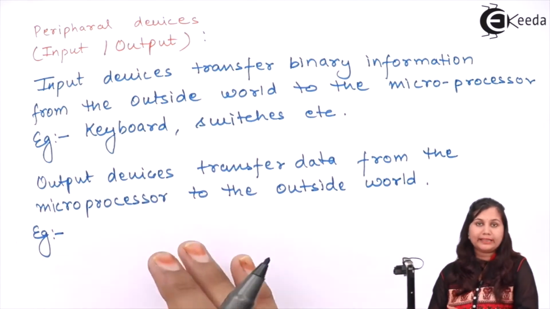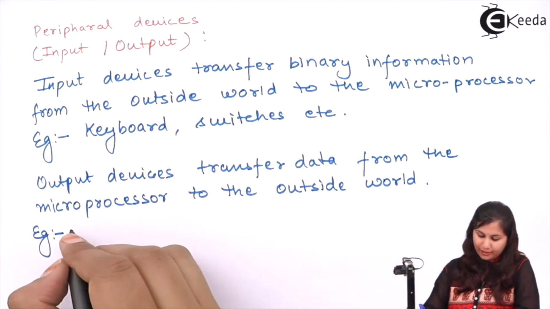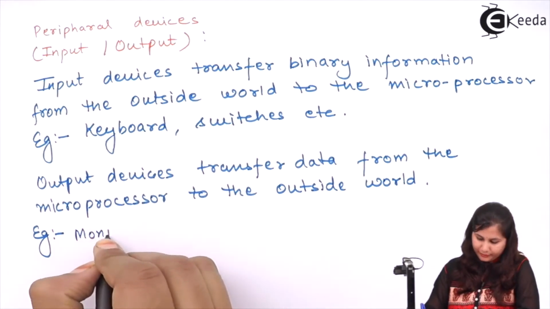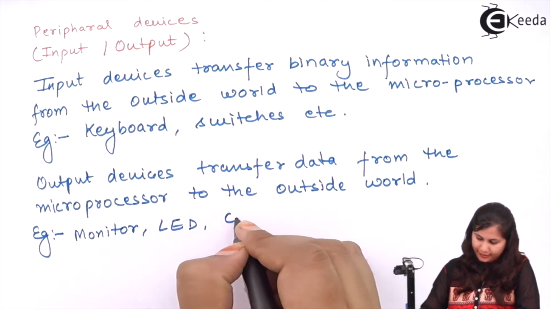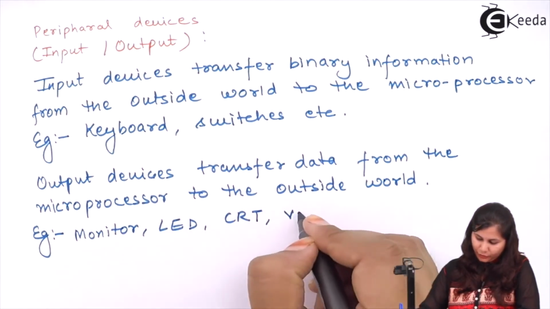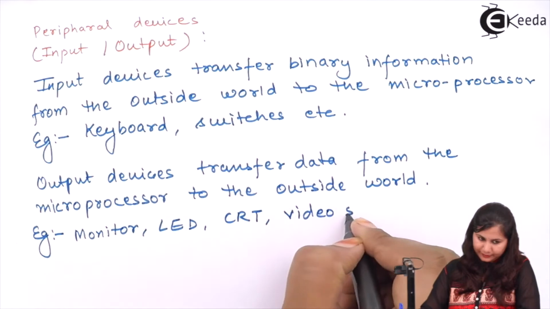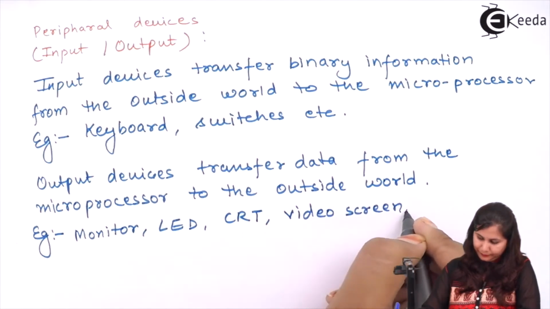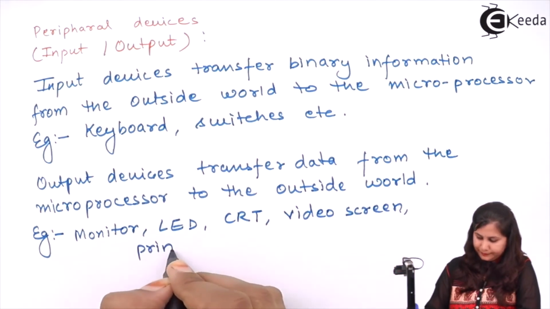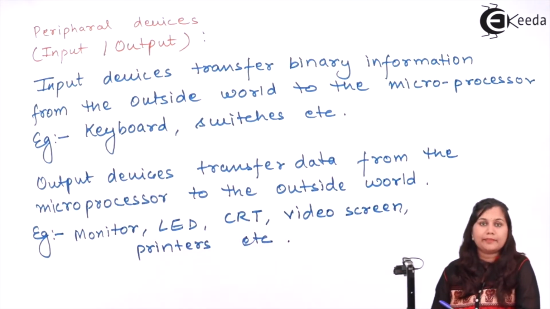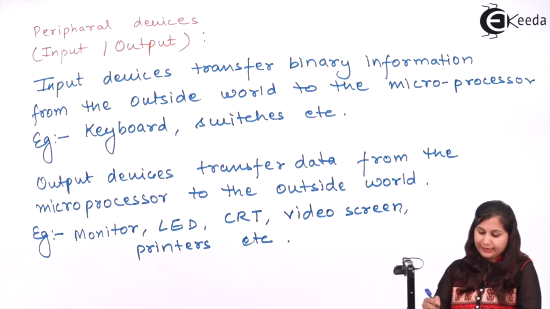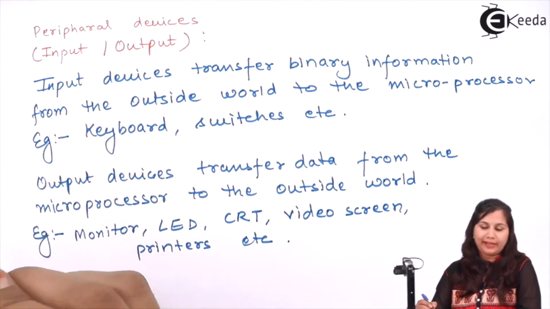That is, they are providing the result. And examples are monitor, LED, CRT, video screen, printers, etc. These are the examples of the output devices, and combined, the input and the output devices are known as the peripheral devices.